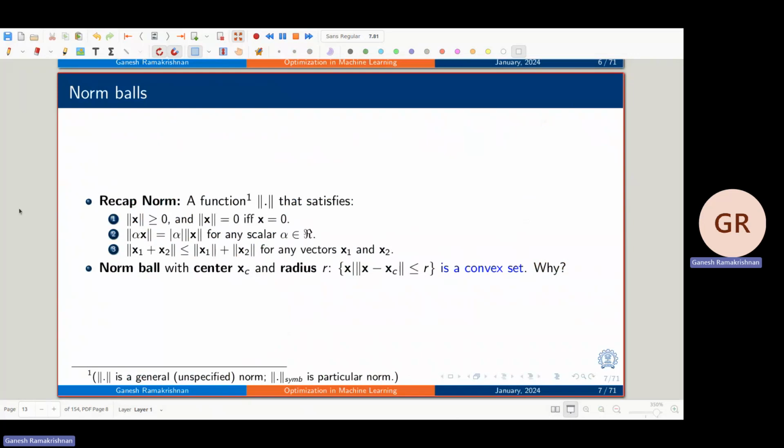And the third, the triangle inequality: norm of x1 plus x2 is less than or equal to norm of x1 plus norm of x2. So now the general claim we are making is any norm ball with center xc and radius r is a convex set.